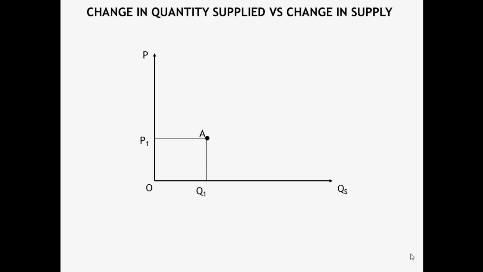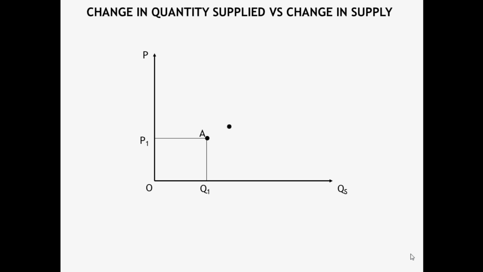We can explain change in quantity supplied using a figure. In the figure, we are measuring the price of a product along the vertical axis and its quantity supplied is measured along the horizontal axis. Consider the point A, where price of the product is P1, at which Q1 amount of the product is sold.